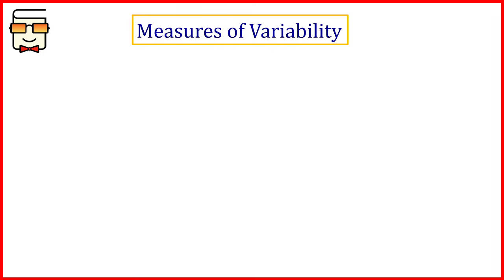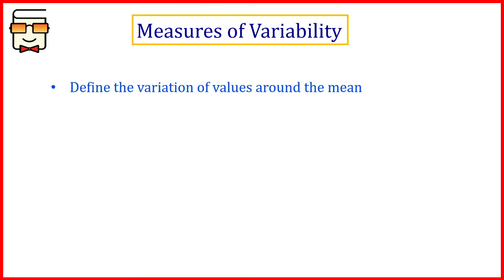Now coming to the last topic of this chapter, the measures of variability. Measures of variability basically tell you how much diversity you have in your data, how much variation you have in your data.